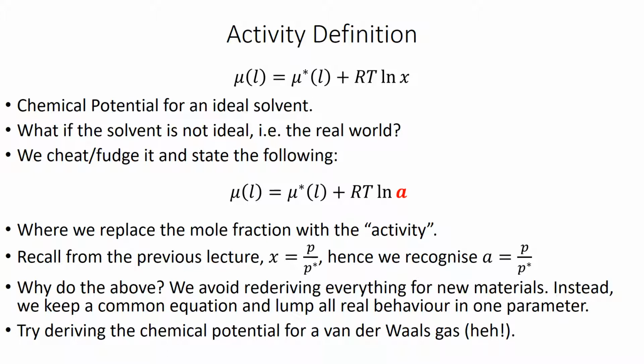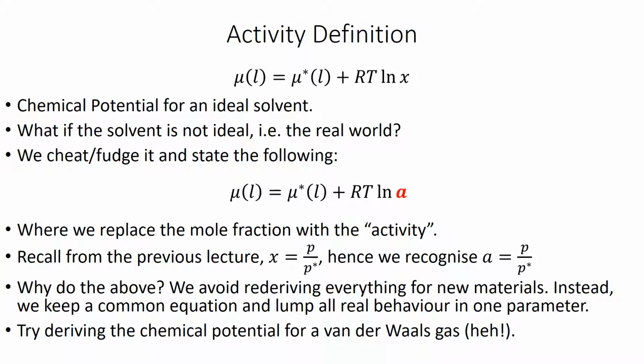It's denoted as a. If we recall from the previous lecture, the mole fraction for an ideal solvent is equal to the pressure on its saturation pressure. So what we now do is we just recognize that the activity is just the pressure on the saturation pressure.